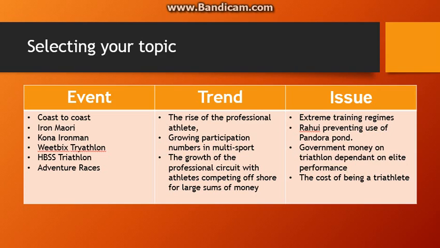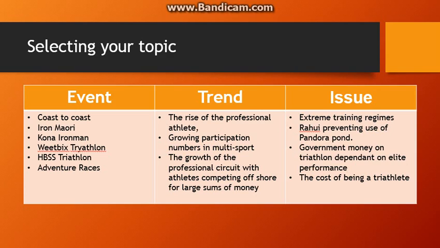Finally, you could identify an issue within multisport. I've popped a few examples down here. So something like extreme training regimes and recognising that triathletes are people, not machines. The fact that recently we've experienced a rahui being placed on Mandora Pond, which has prevented us and other members of the public and community using the pond for recreational facilities, including competitive triathlons.